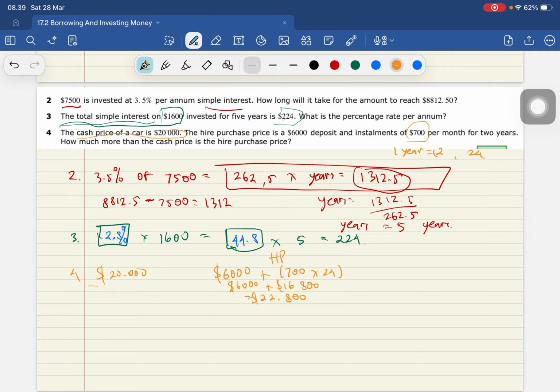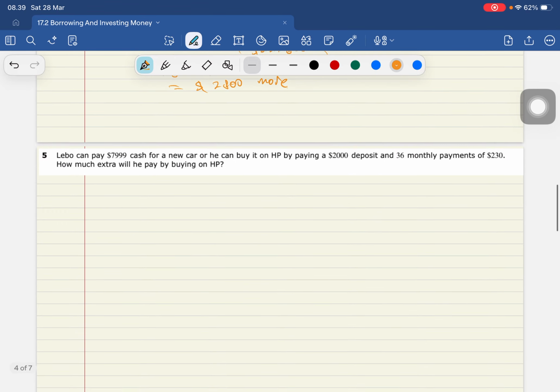So how much more than the initial price? We minus 22,800 with 20,000. It's going to be $2,800 more than the cash price.